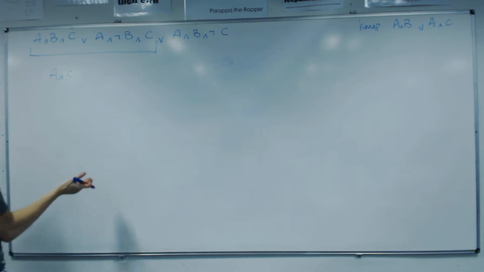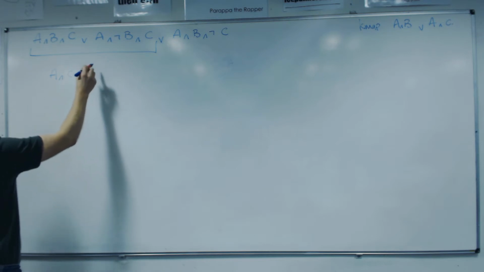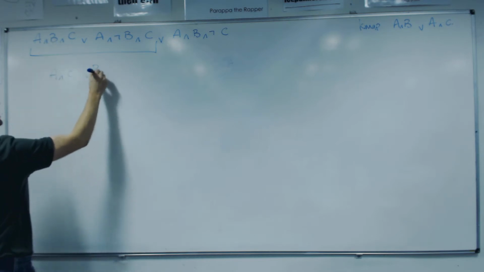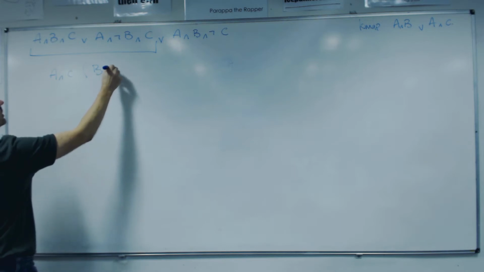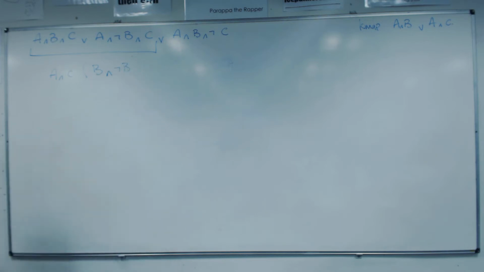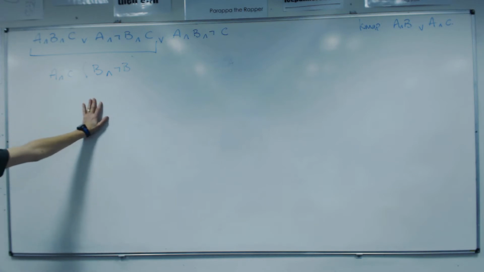Okay. I can do that, or I can just pull out the A. So I could do this, and then I can put in here B and not B. So I've pulled out a common term, and then I've got B and not B. So what can I do to B and not B?